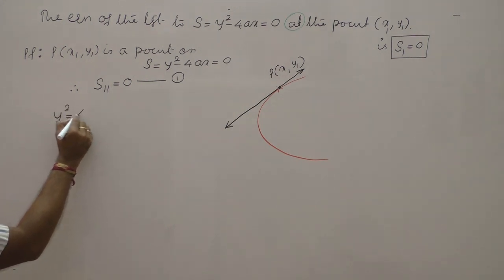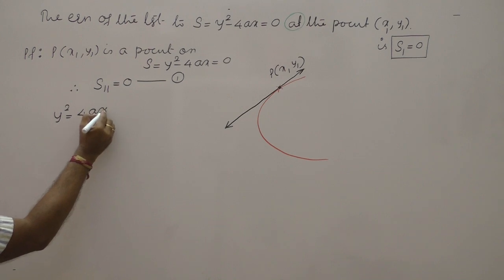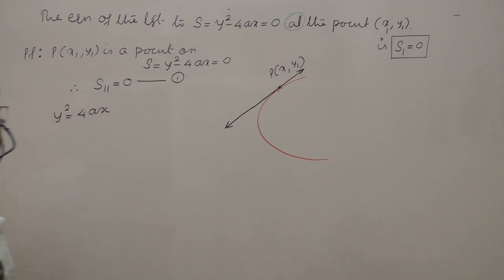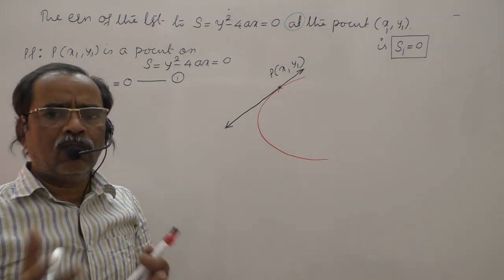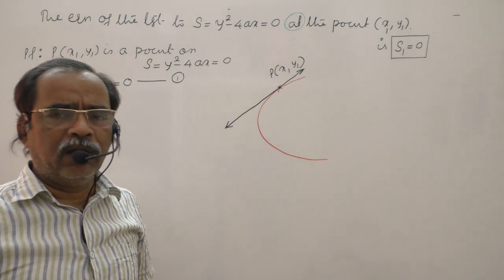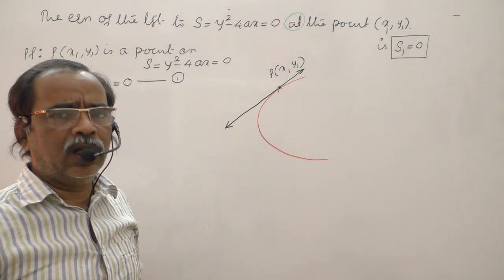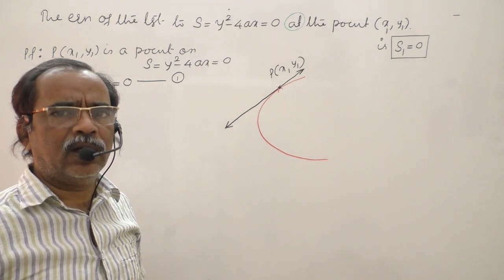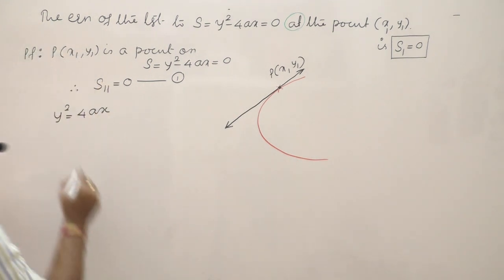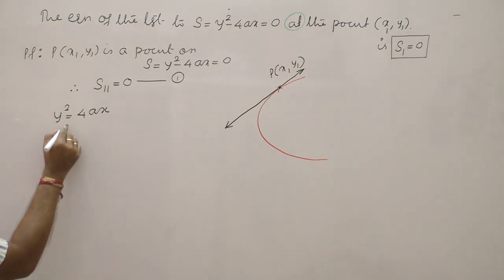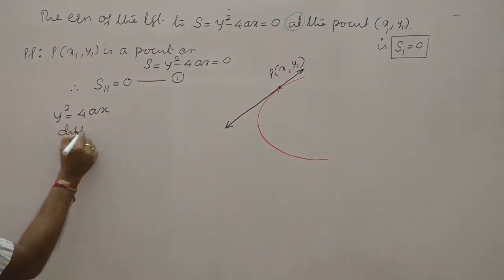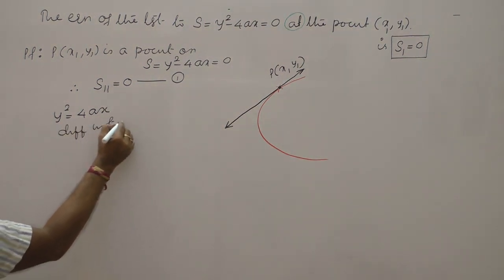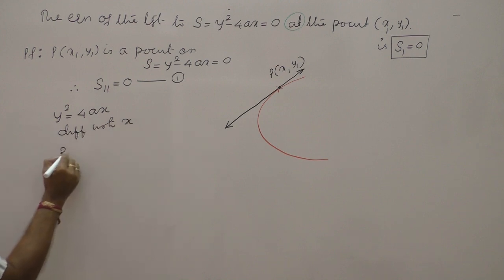In calculus we have a chapter, tangents and normals. If you differentiate a curve and obtain dy by dx, from that dy by dx you can write the slope of the tangent at a given point. So taking the curve, I will differentiate with respect to x.